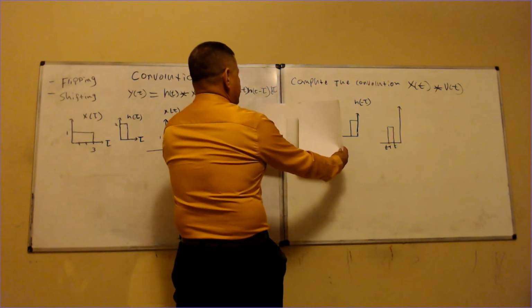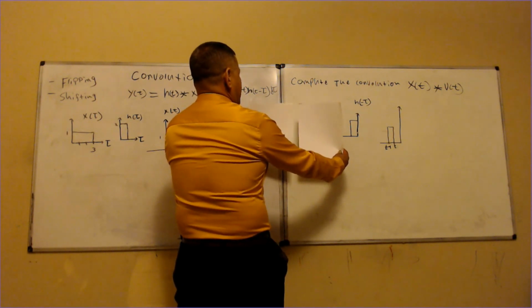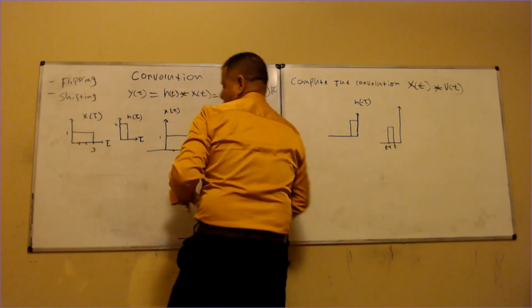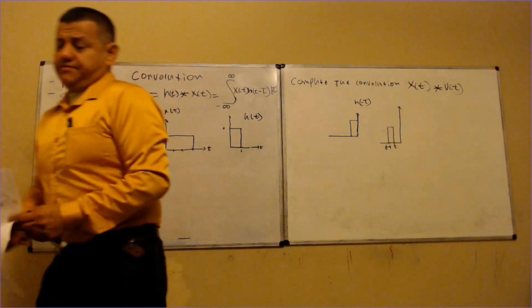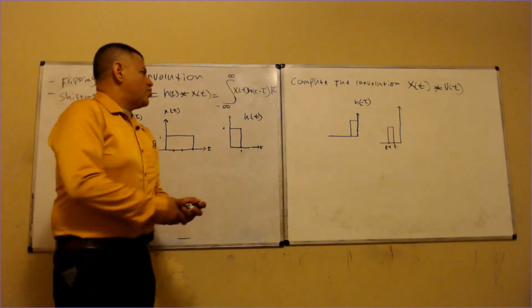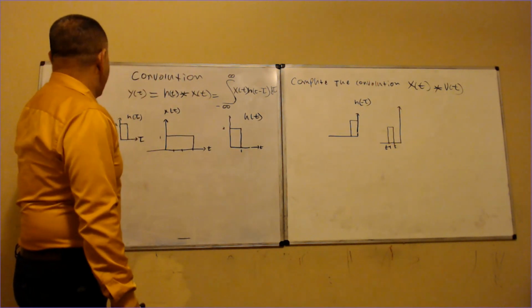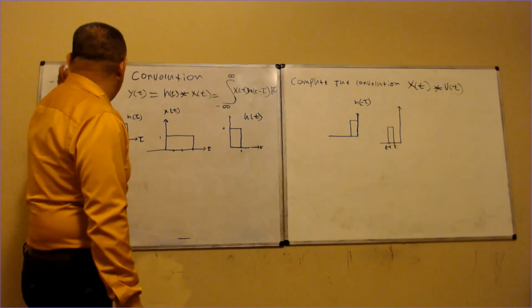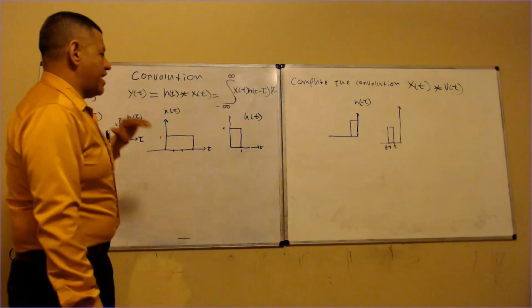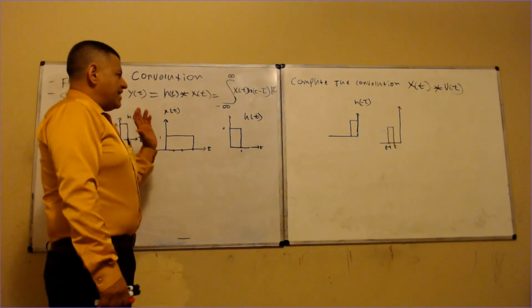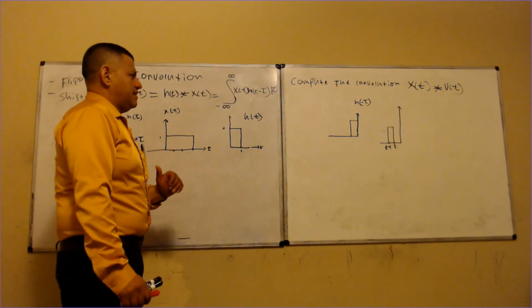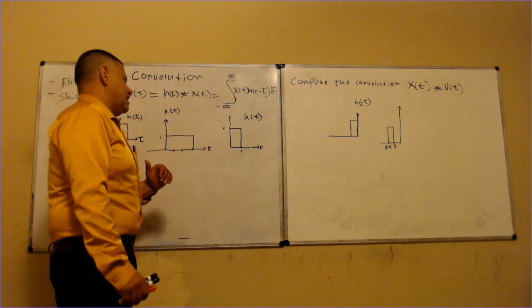So right now it's not overlapping, and I'm going until I get over here, it's getting overlapped, right? Hopefully that makes sense. When we said overlapping, right? We use the method of flipping and shifting to find the limit of integration where those two signals overlap.